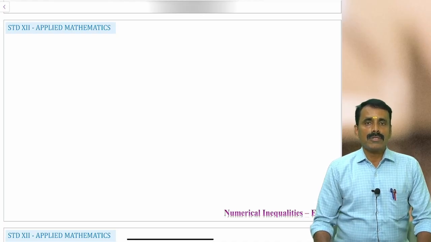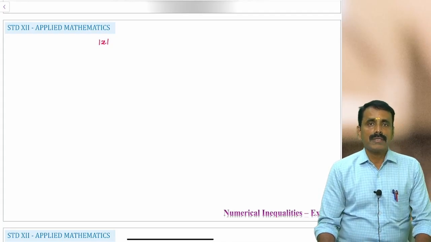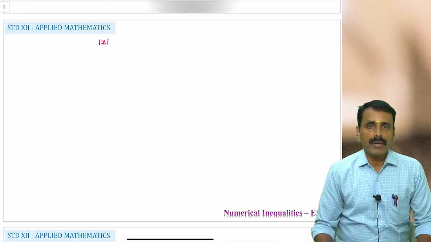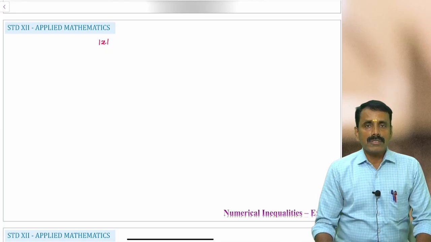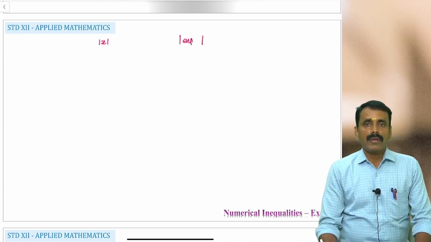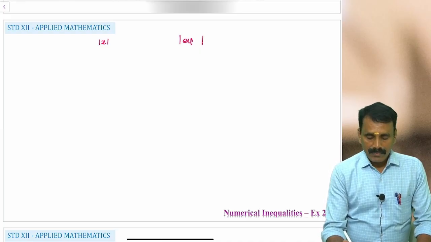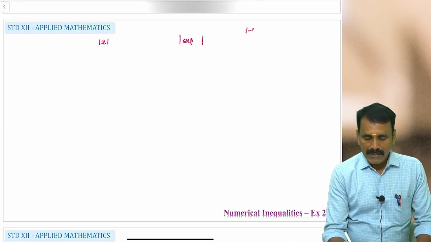What do you mean by modulus of a given number or given expression? Modulus of a number or an expression is denoted by two vertical lines, inside which we have the expression. Now, let us discuss in detail about this function. What is modulus of minus 5?